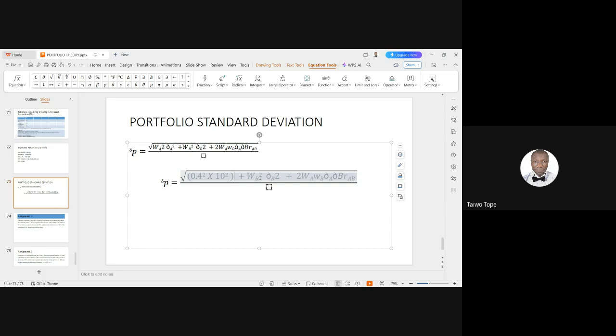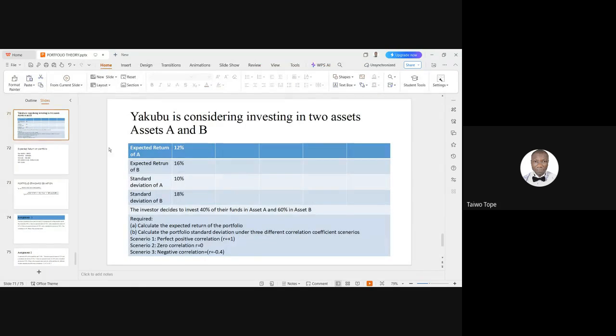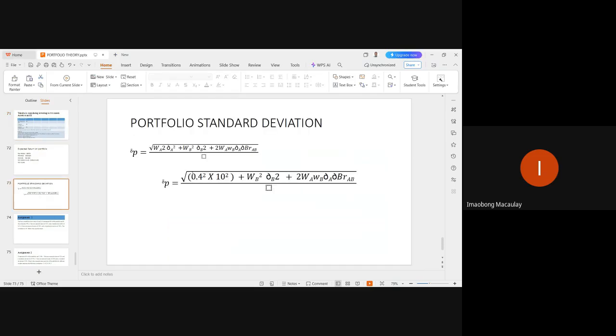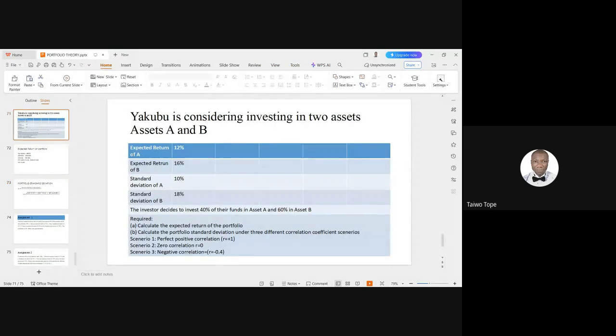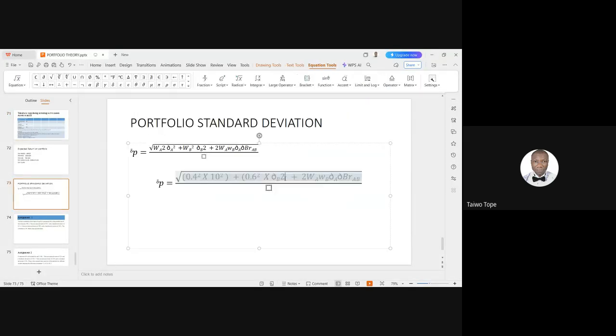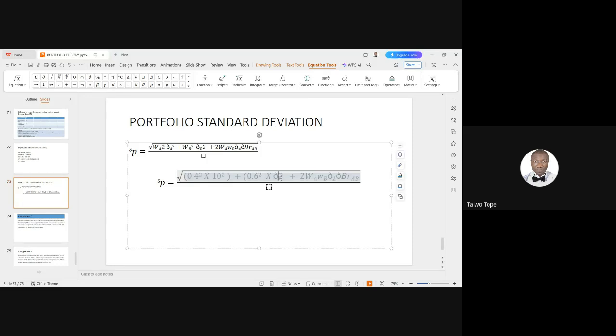So the weight of B is what? From the question, 60%. So what will happen here? Let's put this in brackets. So this will be 0.6 squared. The standard deviation for B is what? 18%. You have it. That is 18%.